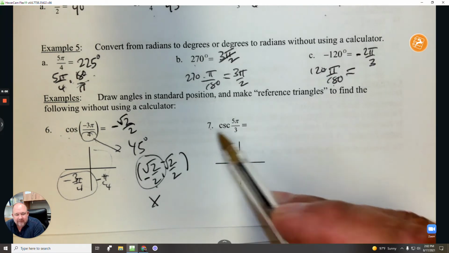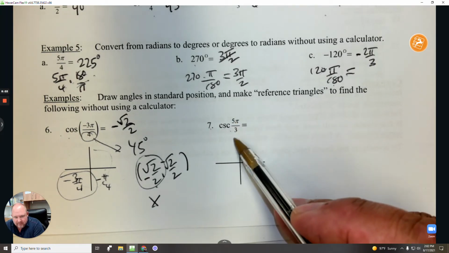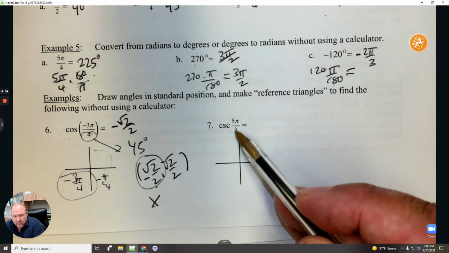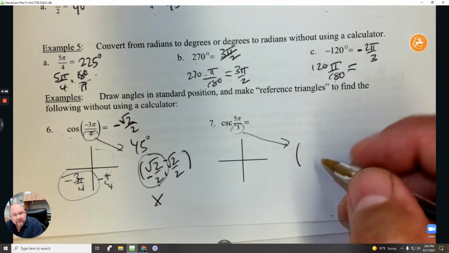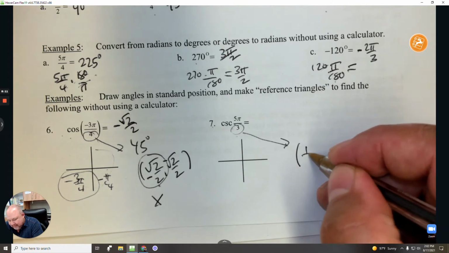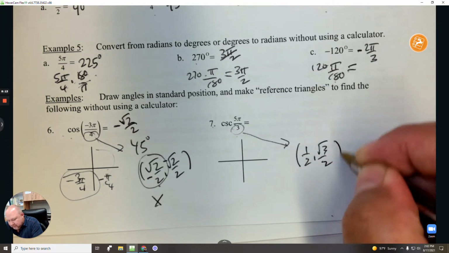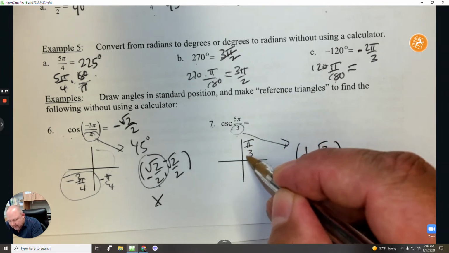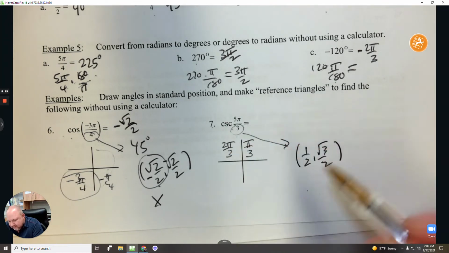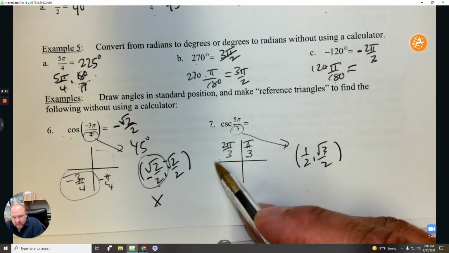In number 7, cosecant of 5 pi over 3. Because 3 is in the denominator, the point is 1/2 and root 3 over 2. 5 pi over 3. We go 1 pi over 3, 2 pi over 3, 3 over 3 reduces down.